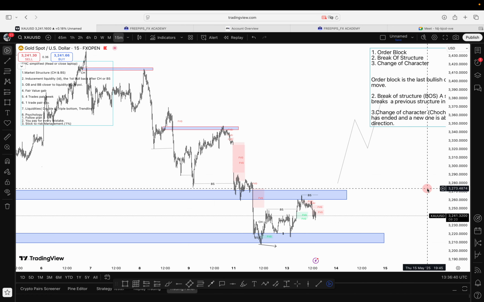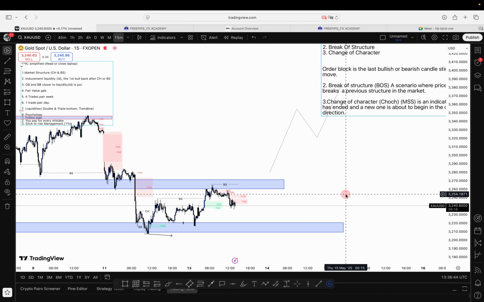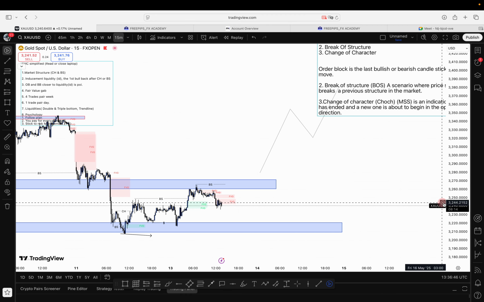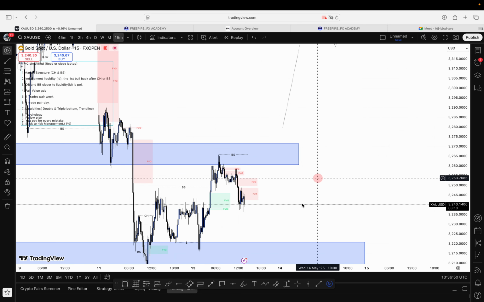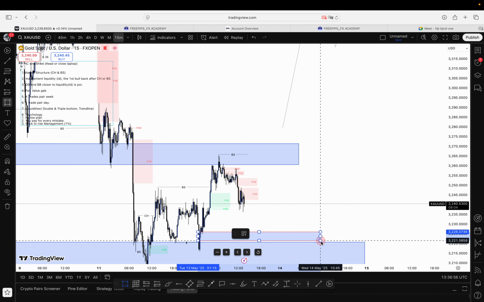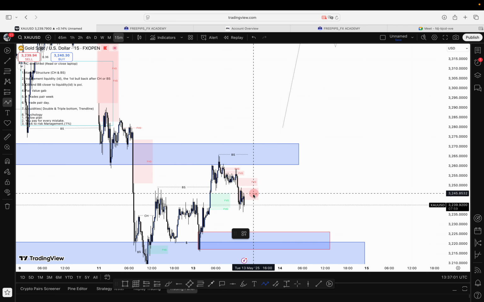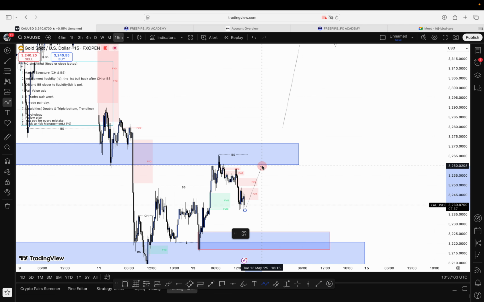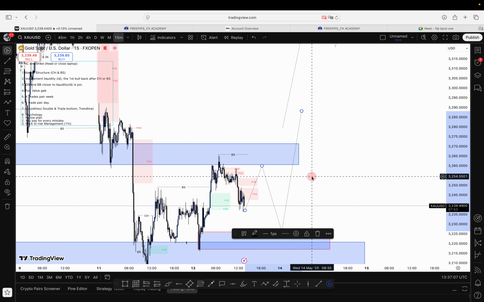Okay. So gold currently, where price is, is very tricky. I want to see some conditions met before I can take a trade. If I will take a trade, I want to mark here as my point of interest. But before then, I want to see price pull back and come back again. Then I take a buy.